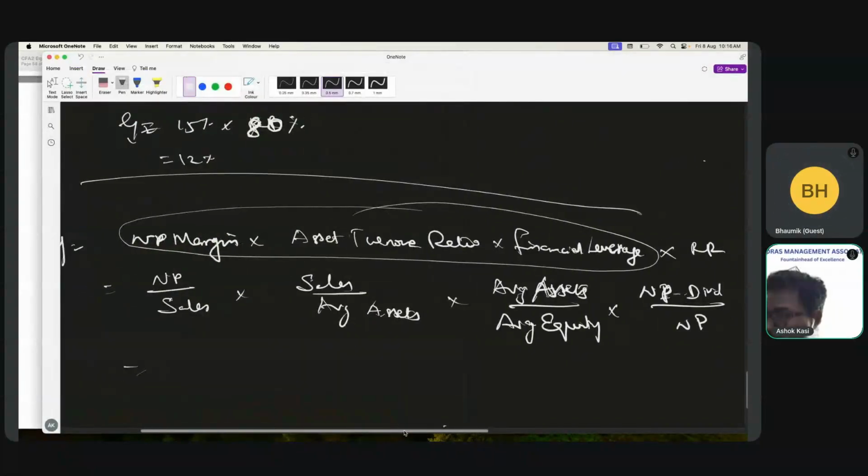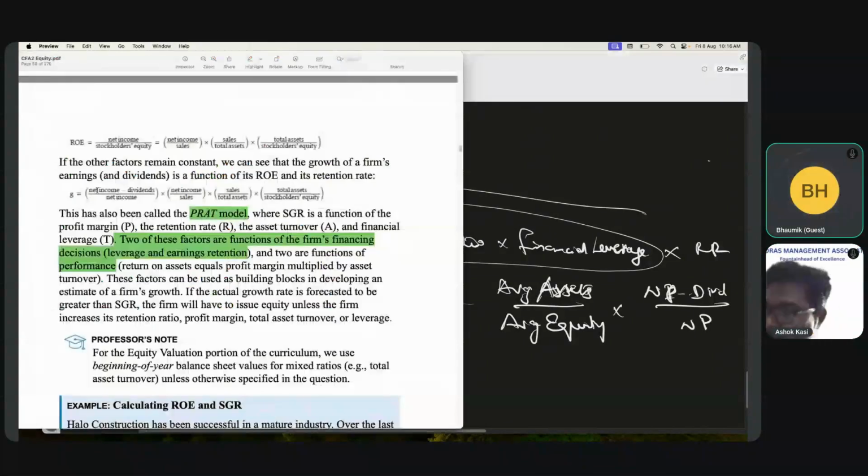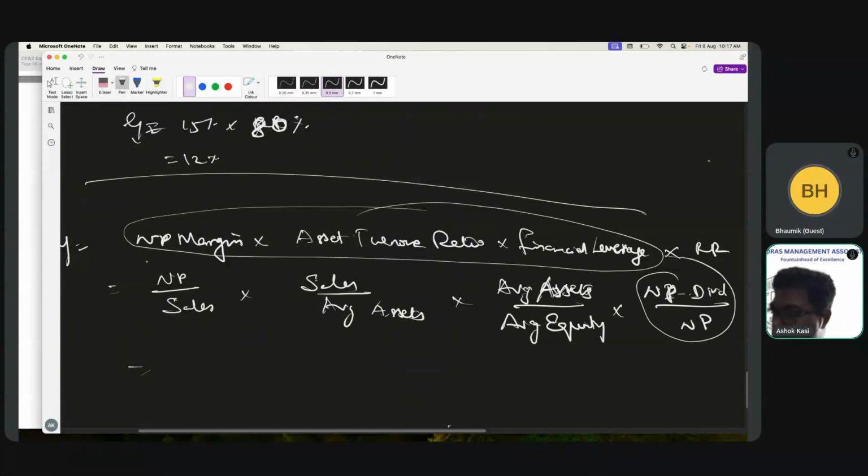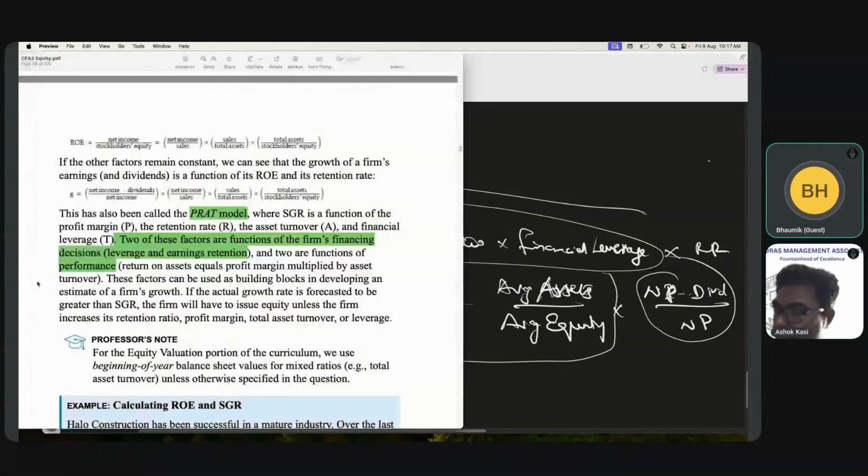You can write like this. They have mentioned net income minus dividend by net income. This is the retention part, and this is all return on equity.